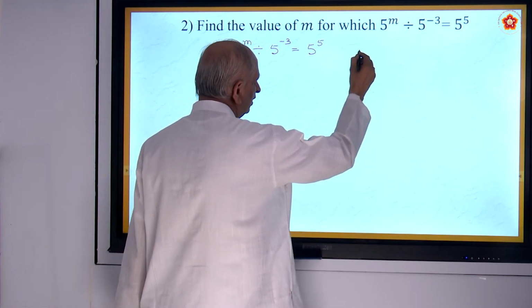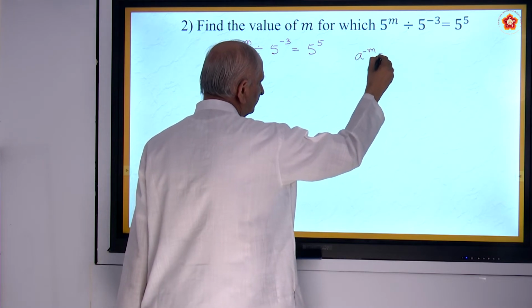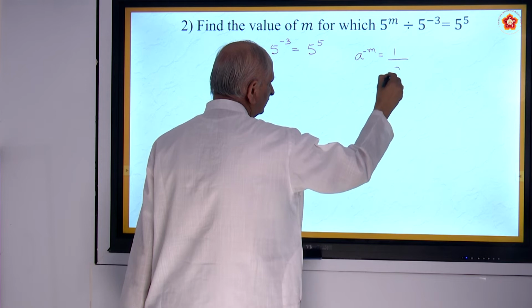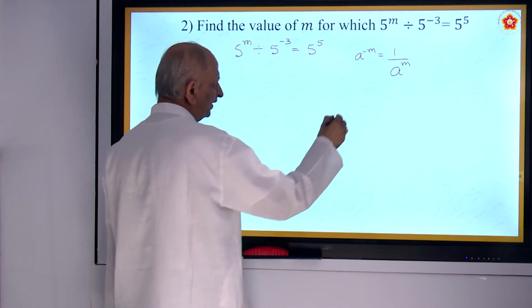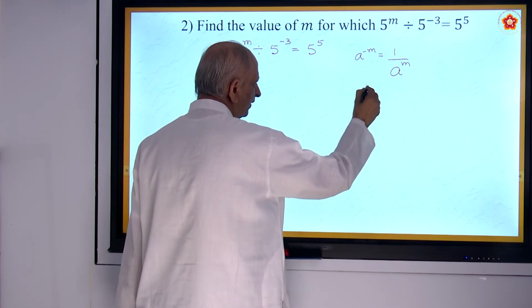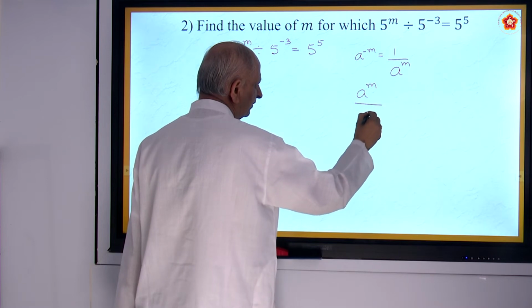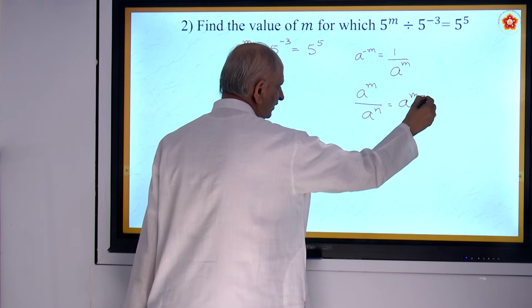So here the law you can apply is a to the power of minus m is equal to 1 by a to the power of m. One thing. Second thing is a to the power of m by a to the power of n is equal to a to the power of m minus n.